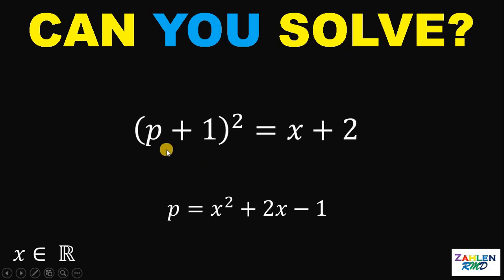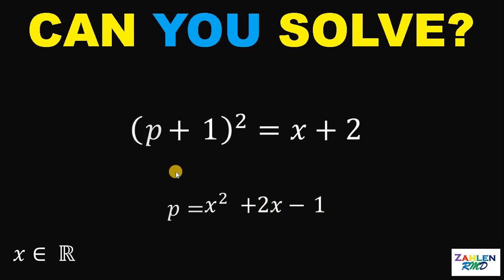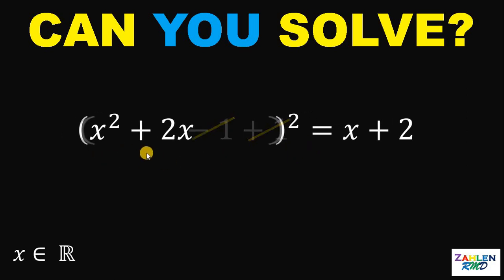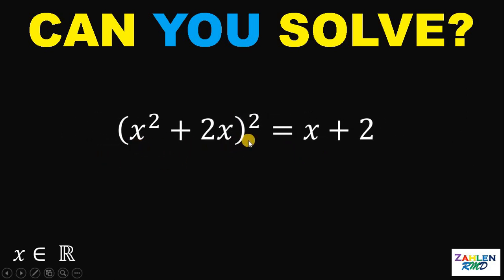Now, since we let p as x squared plus 2x minus 1, we can bring back the value of p. Now take note that we can cancel out negative 1 and positive 1. Therefore, the expression on the left-hand side is equivalent to x squared plus 2x quantity squared.